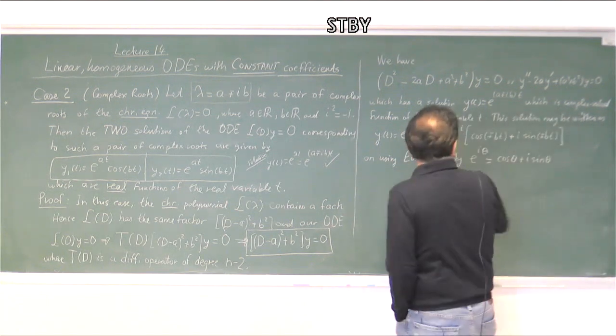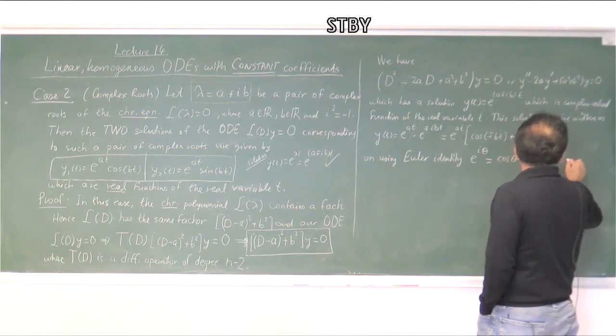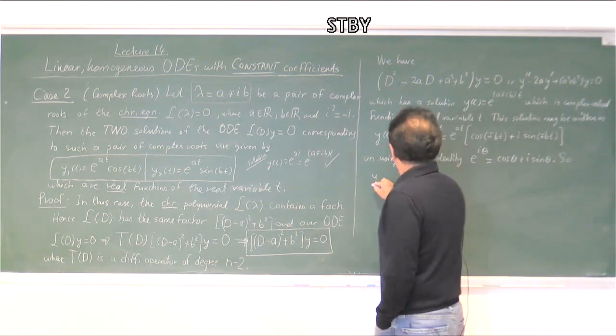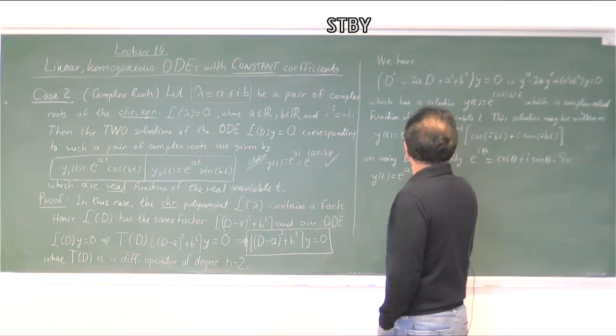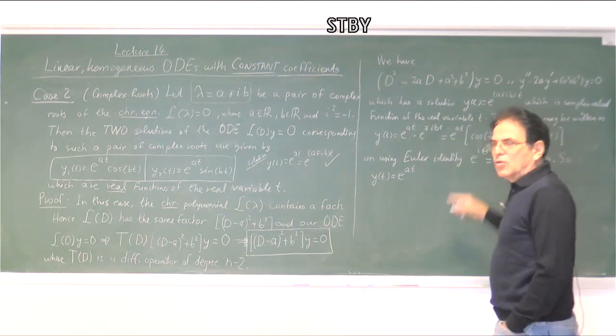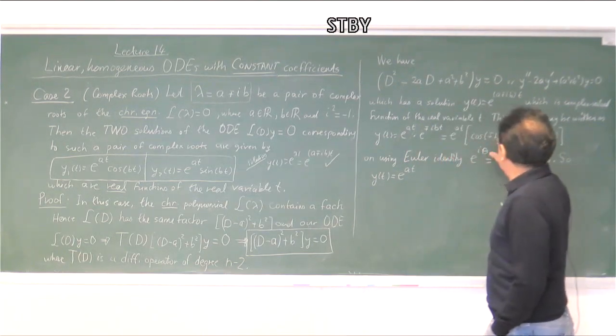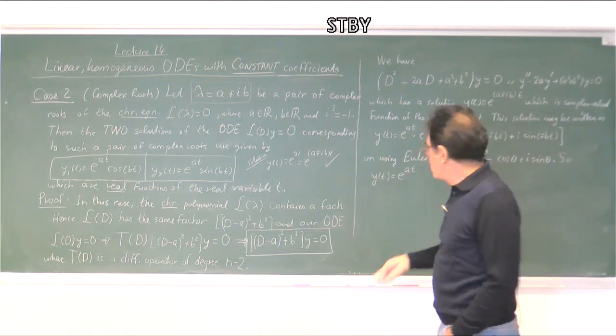But this solution, okay, look. So y of t is this, e to power at. Remember that cosine is an even function. So cosine plus bt or cosine minus bt are identical.